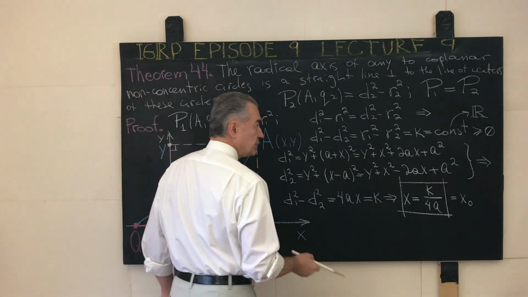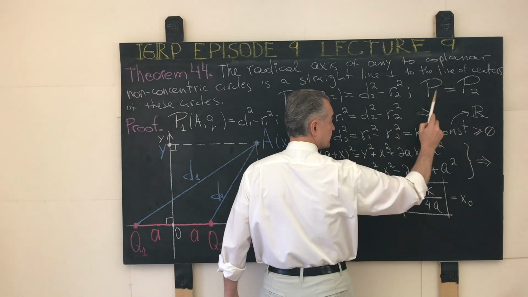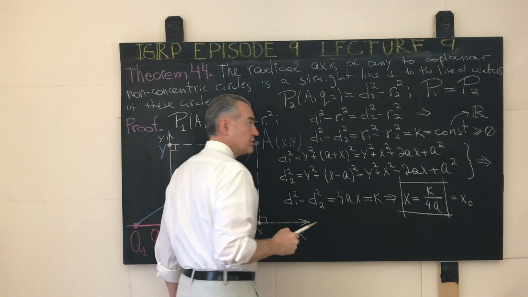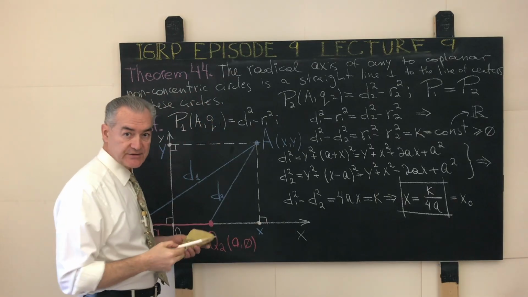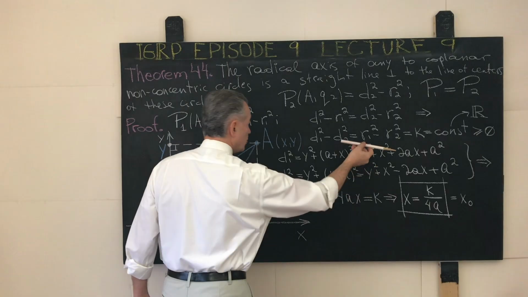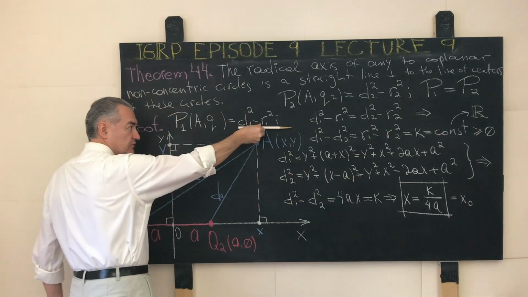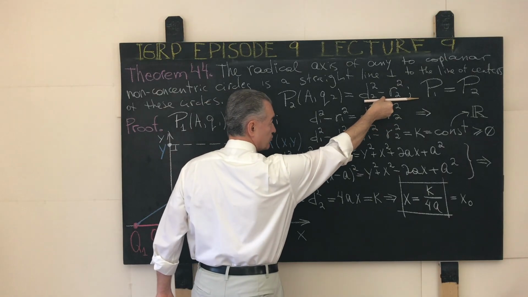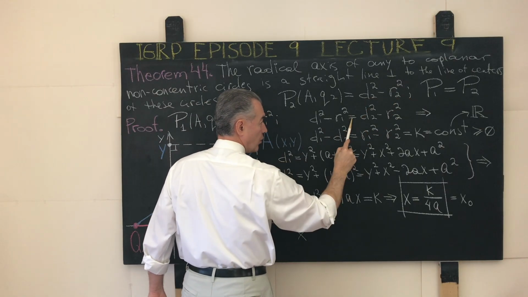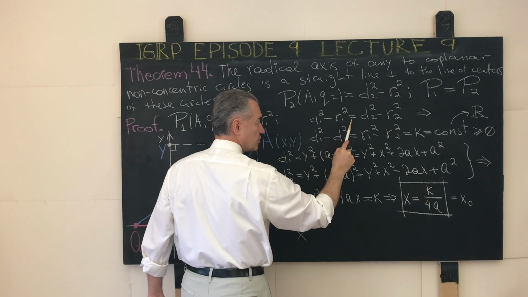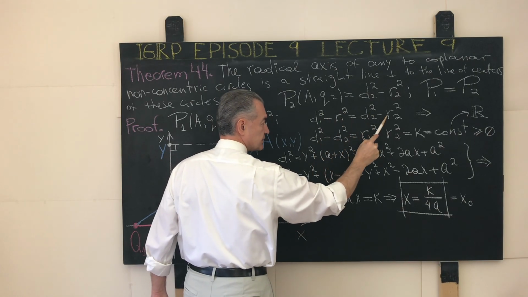So in other words, if our two real numbers, P1 and P2, match, then that point belongs to the radical axis of these two coplanar non-concentric circles. Well, that is what we do. We grab the algebraic definition of the first real number, we grab the algebraic definition of the second real number, and we equate them. d1 squared minus r1 squared is equal to d2 squared minus r2 squared.